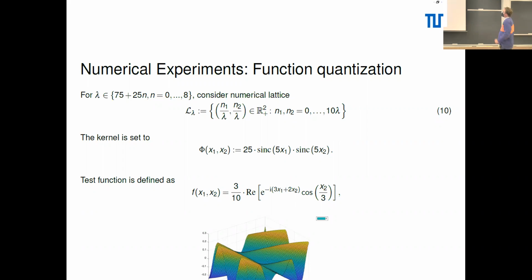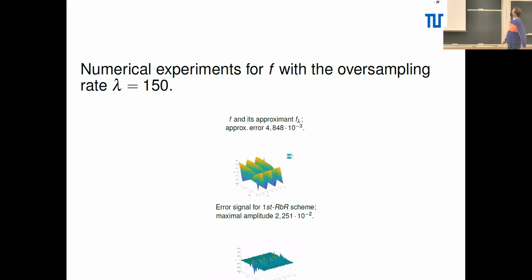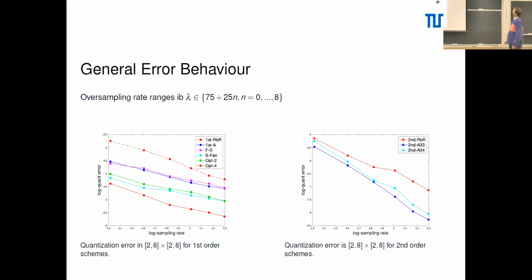So we just set up a band-limited signal like this, and we're running some experiments. If you look at the pictures here, the worst error is the first order row by row sigma delta scheme, which is not very surprising. And then somehow they all aligned.